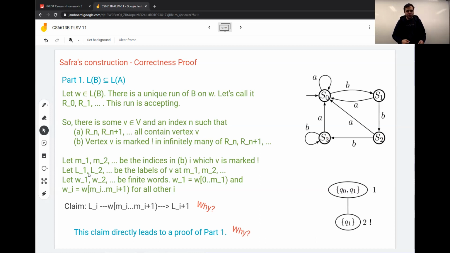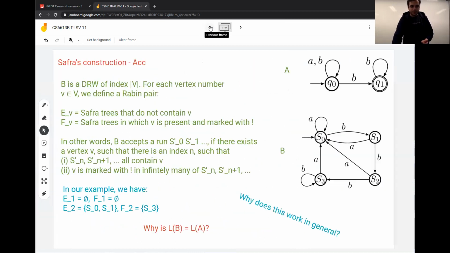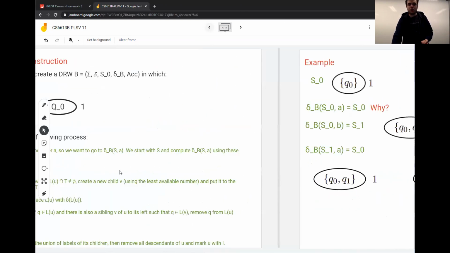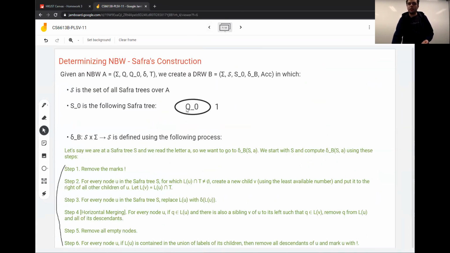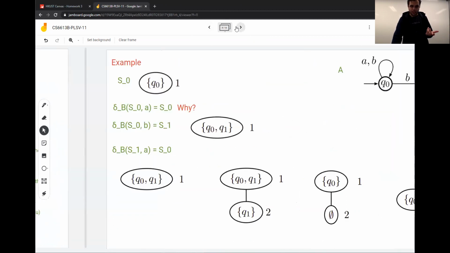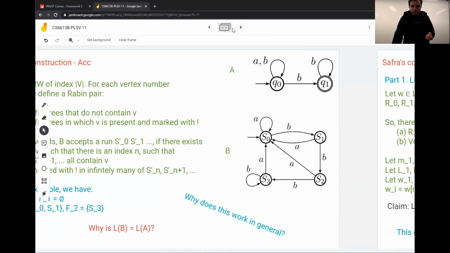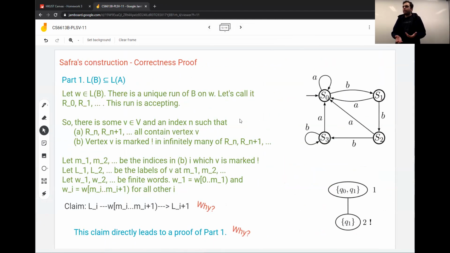So what happens if I take one more step? When I take one more step, the first thing that happens is that the exclamation mark is lost, right? Because we always remove the exclamation marks first. So the exclamation mark is lost as soon as I take one step. But when does it come back?